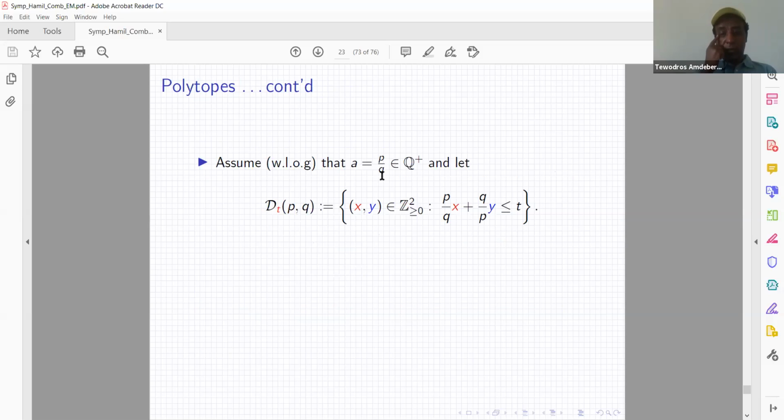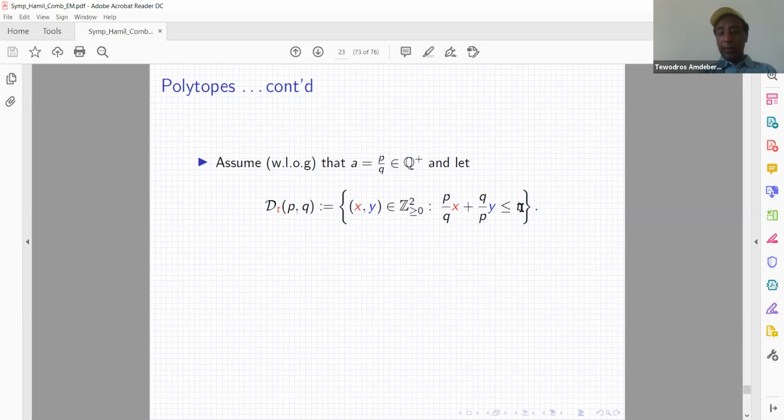This time, true fractions, positive rational numbers. And then consider the following problem. We can think of this as a polytope, that means a right-angled triangle. One side is P over Q, the other side is Q over P, with one vertex at the origin in the first quadrant.